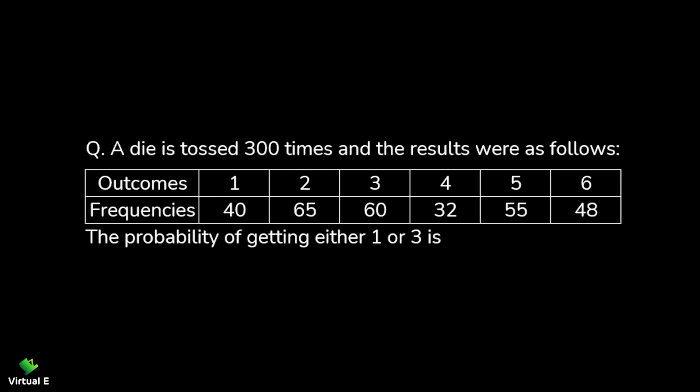Let's discuss one more question related to die. Let's start. A die is tossed 300 times and the results were as follows. We have outcomes 1, 2, 3, 4, 5, 6 and the frequency, right, for all the numbers. And we need to find the probability of getting either 1 or 3.